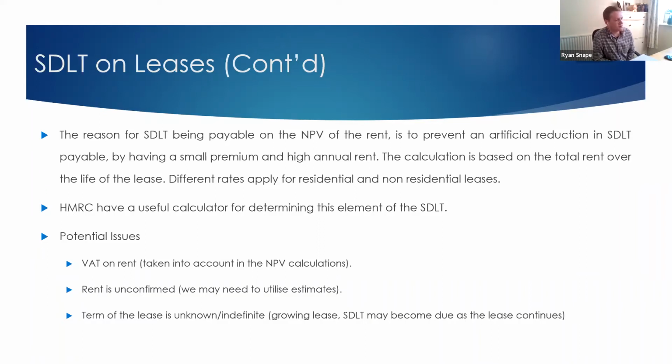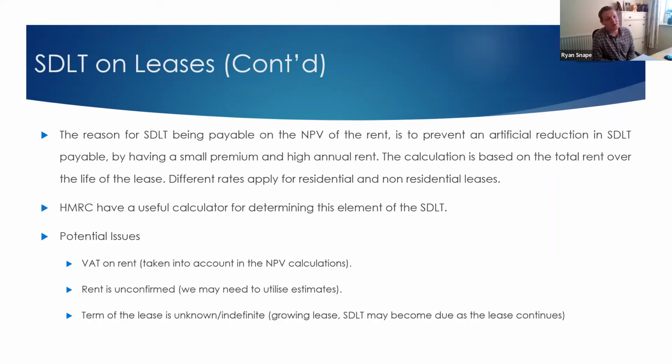It's also worth noting that the calculation is based upon the rent payable within the first 5 years, albeit over the life of the lease, so the calculation itself just considers the first 5 years. And it also looks at the number of years that rent is payable for. That's how we calculate the rent.